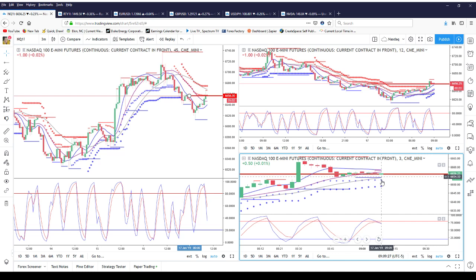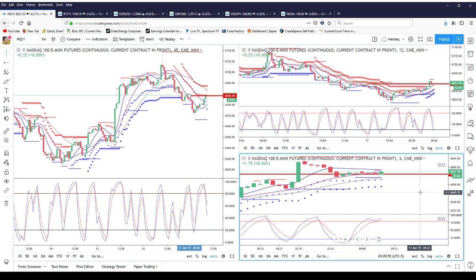Really do not want to be in this binary when the market opens. Even if you had to scratch this trade right now, you've covered the cost of your trade.